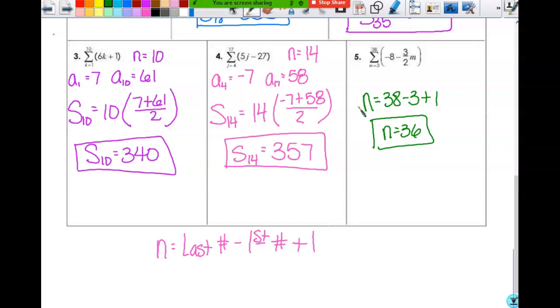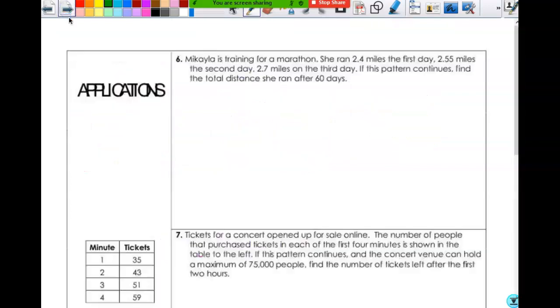All right, let's do problems. So this says Michaela is training for a marathon. She ran 2.4 miles the first day, 2.55 miles the second day, 2.7 miles the third day. If this pattern continues, find the total distance she ran after 60 days.